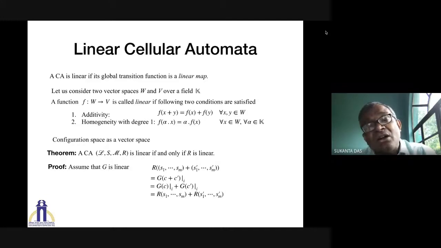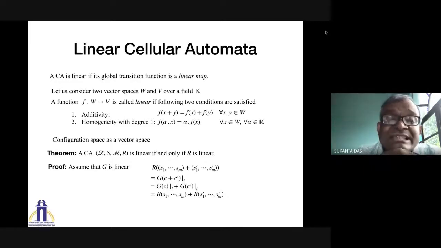It means R of S1 Sm plus R of S1 dash Sm dash, because G of C on I means R of S1 S2 Sm that I've assumed, right? Similarly, G of C dash means R of S1 dash, S2 dash, and Sm dash, and that's all. So this shows if G is linear, then R satisfies the additivity property.